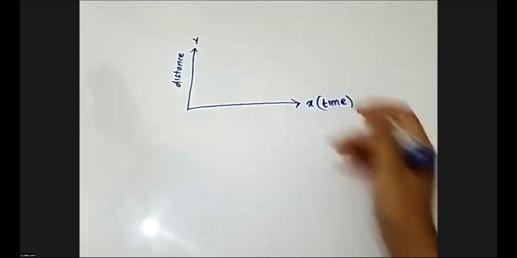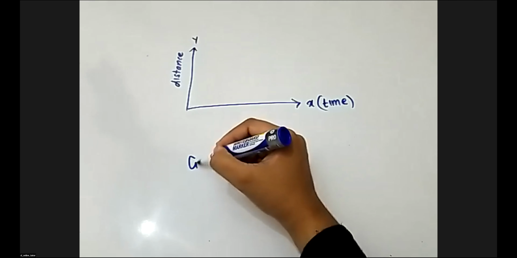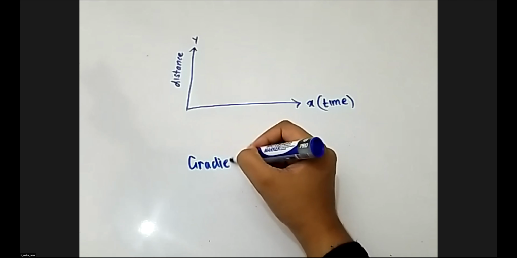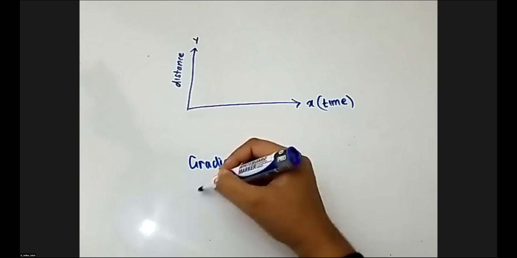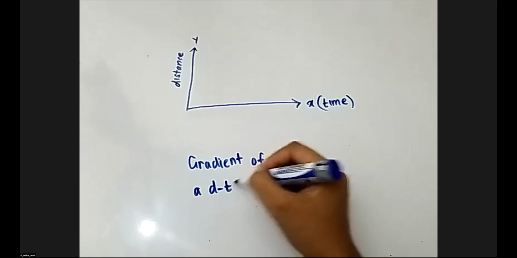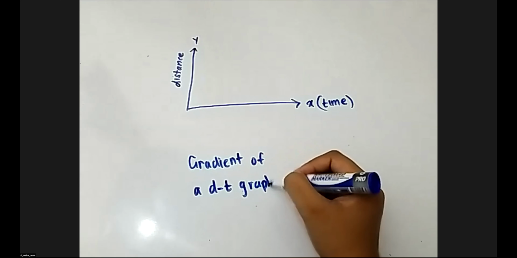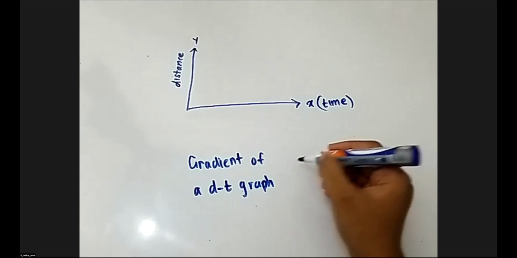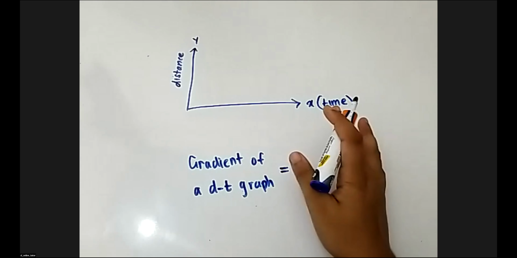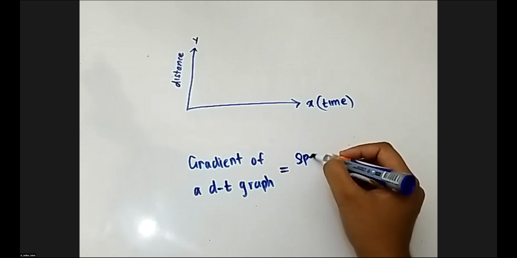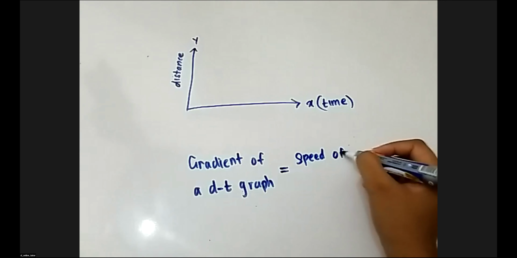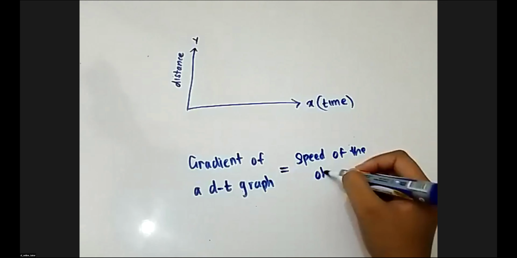Have you heard of gradient when you're doing graphs? In a distance time graph, if you want to find the gradient, it is exactly equal to the speed of the object. Remember this one.